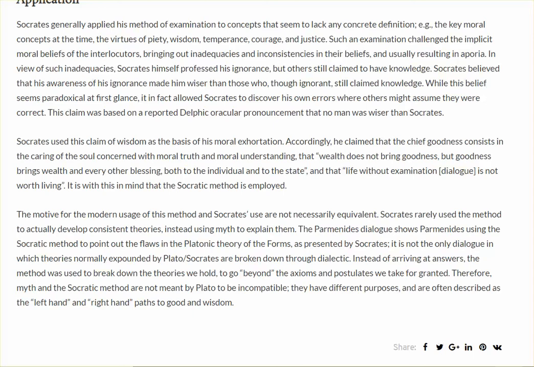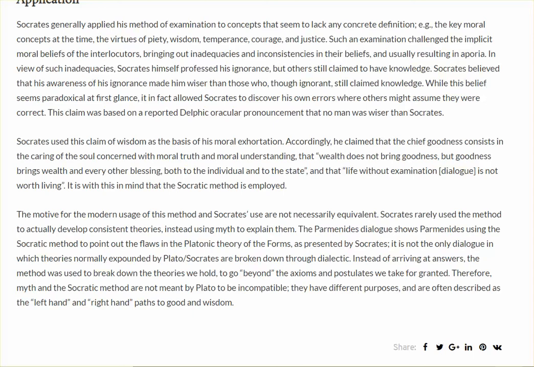What is the purpose of this method? Instead of finding answers, the Socratic method was actually used to break down the theories we hold, to go beyond the axioms and postulates we take for granted.